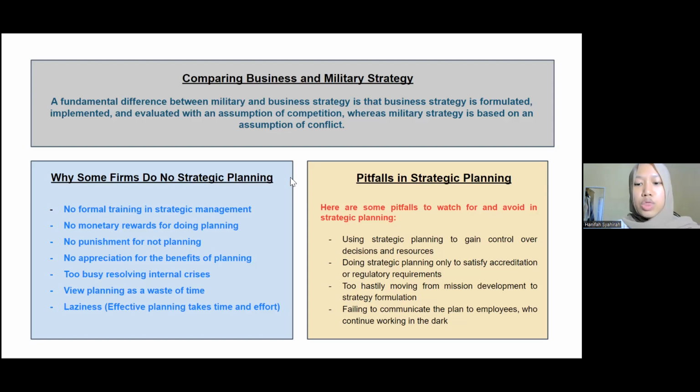The third, moving too hastily from mission development to strategy formulation. And the fourth, failing to communicate the plan to employees, who continue working in the dark. So that is something we need to avoid in strategic planning, because it can hardly be implemented if we have things like this in our company.